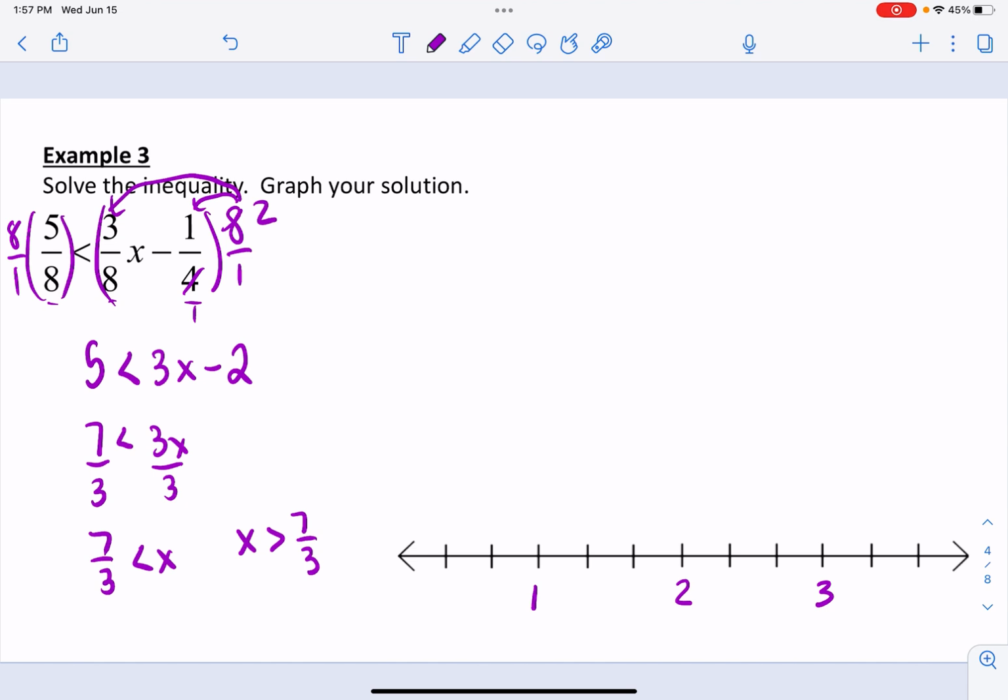Okay? So that is 2 1/3. Open hole. I'm going greater than. You don't have to give me each one. As long as you set up what your scale is, you're good to go. And that's a good mathematical thing, especially when you get to some of your science classes.